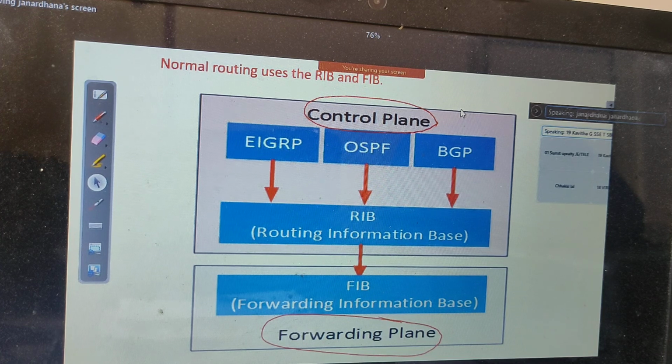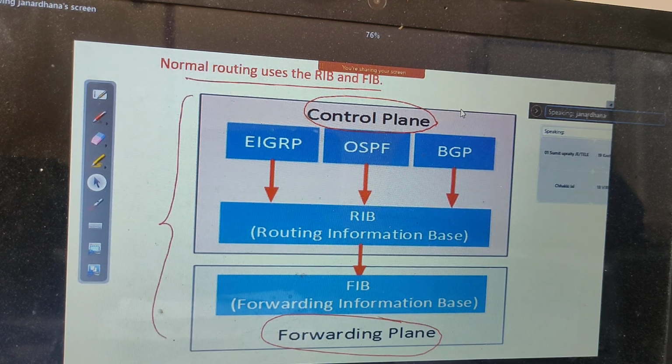Okay, fine. See, every normal router has the RIB and FIB. I already told you: routing information base as well as forwarding information base. Every router has two types of planes: one is the control plane and the other is the forwarding plane. The routers, whatever we are doing, we enable one of the protocols, either OSPF, EIGRP or BGP.